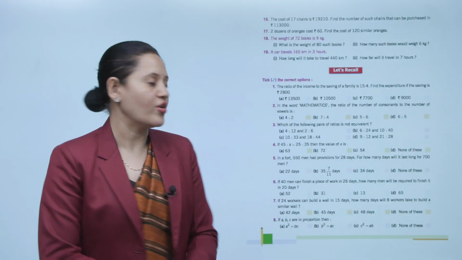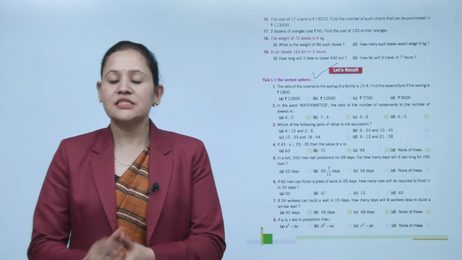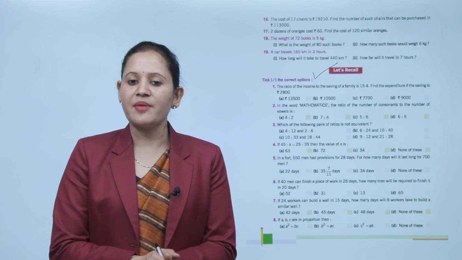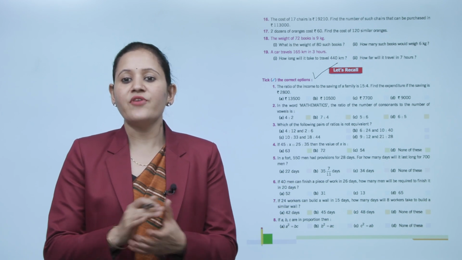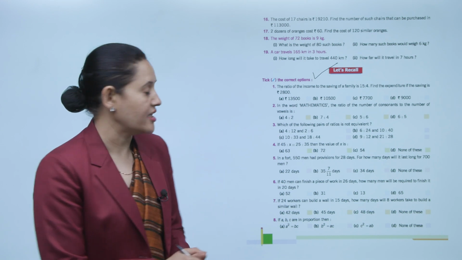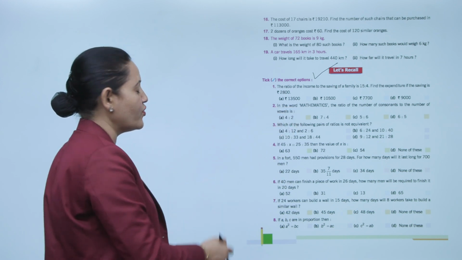Next is, let's recall. Tick the correct option. The ratio of the income to the saving of the family is 15:4. Find the expenditure if the saving is rupees 2,800. So the ratio of income and saving is 15:4.